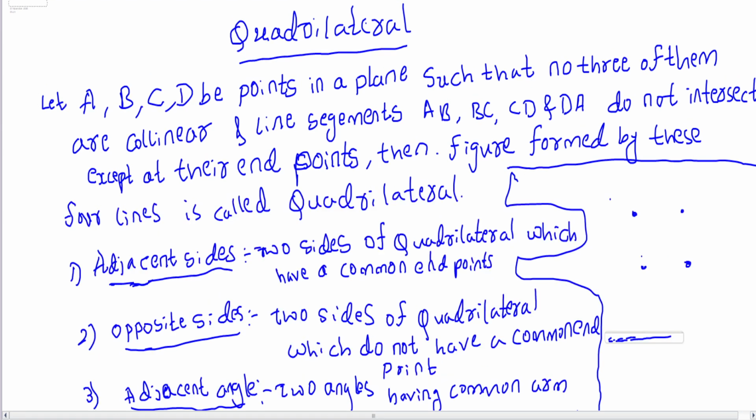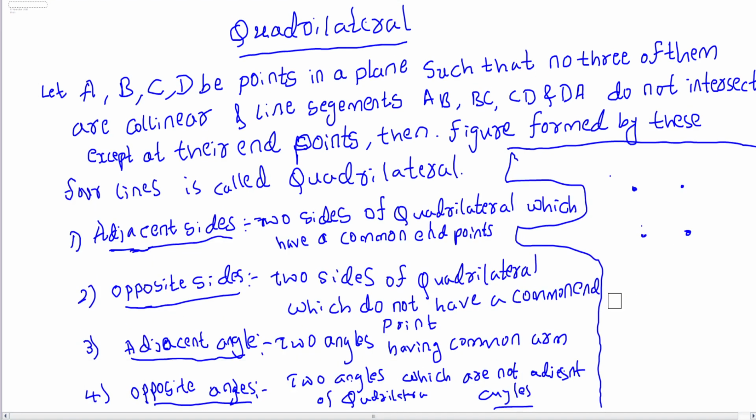If you join these non-collinear points A, B, C, D like this, the segments do not intersect except at their endpoints.